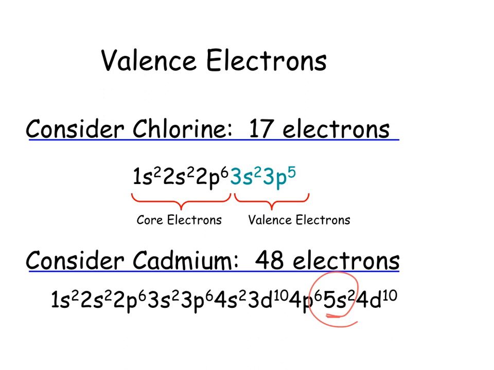It is easier to lose 2 electrons as opposed to trying to gain 6 more. So this means that cadmium would be more reactive with something that would make it lose 2 electrons, whereas chlorine would be very reactive with something that would help it gain 1 electron. The electron configuration, or the number of valence electrons, can actually tell you a lot about an atom's reactivity.